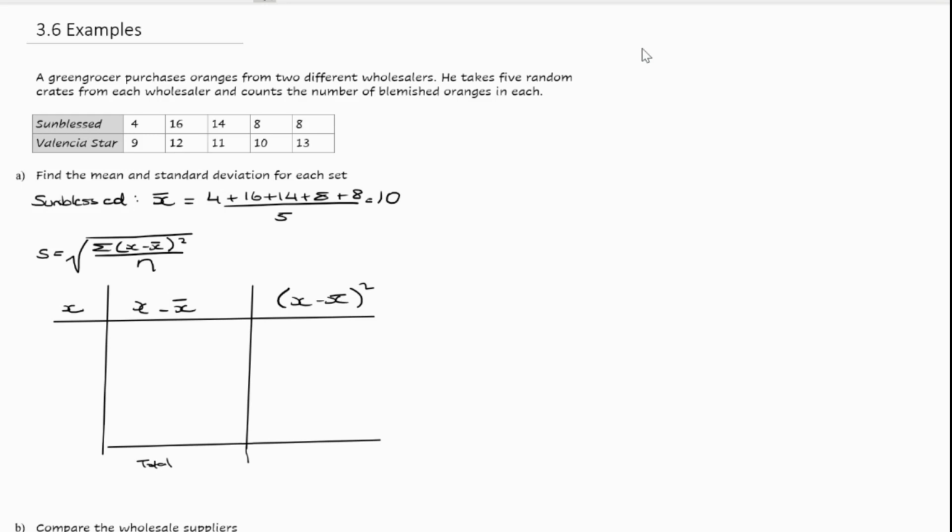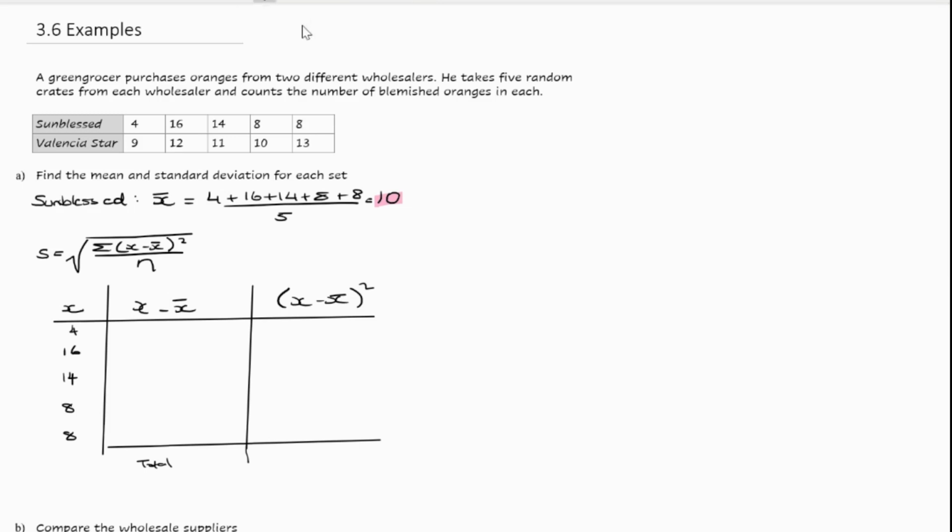So we know that my different x values for Sunblessed are 4, 16, 14, 8, and 8. Now for my x take away x bar, you can see here we've got our mean, and that is in fact 10.